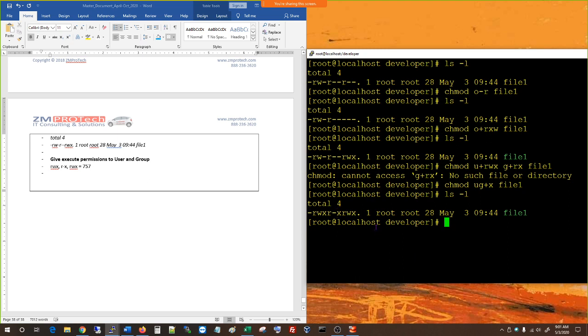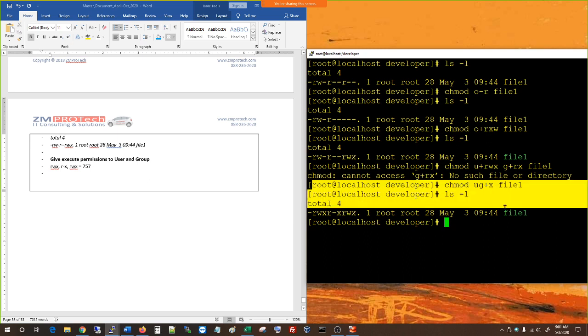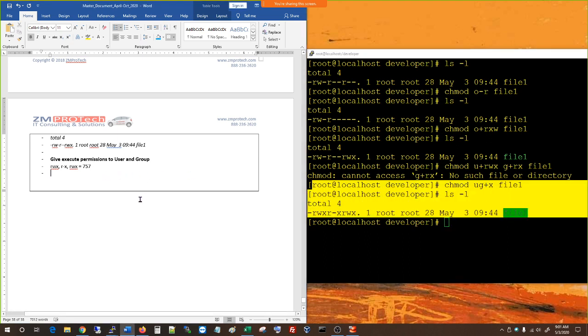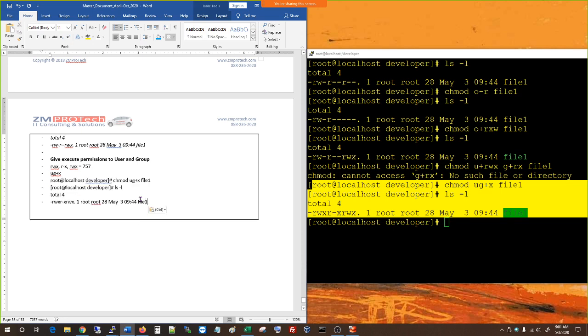It's like a mind trick game here. So you really play around with this and you will get it. So ug+x, that's it. It will do the job for you. Okay.